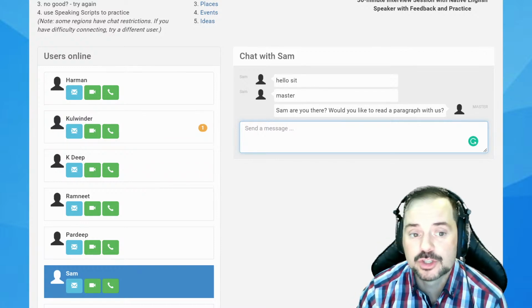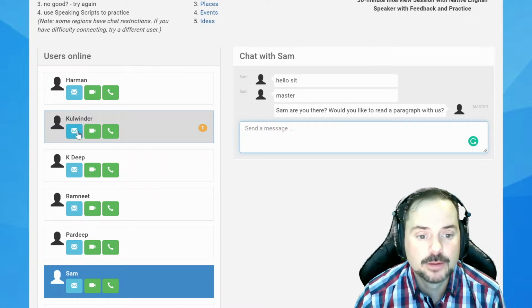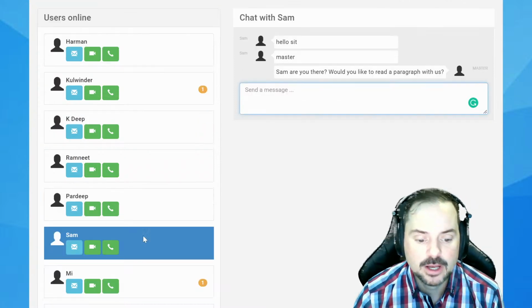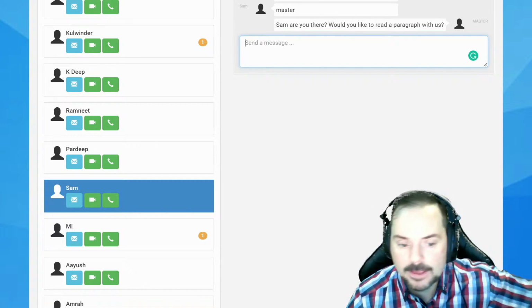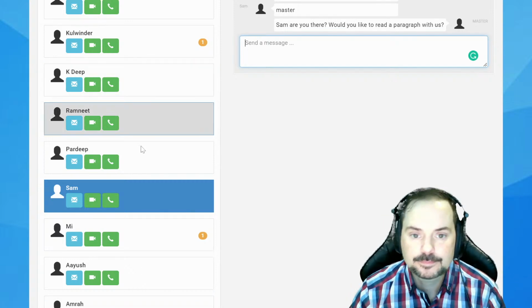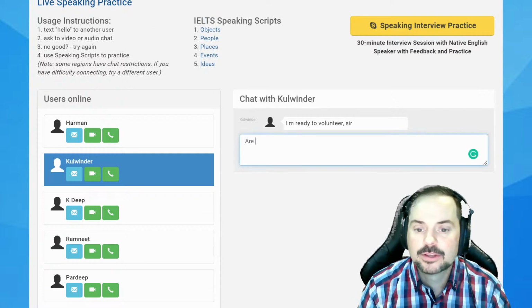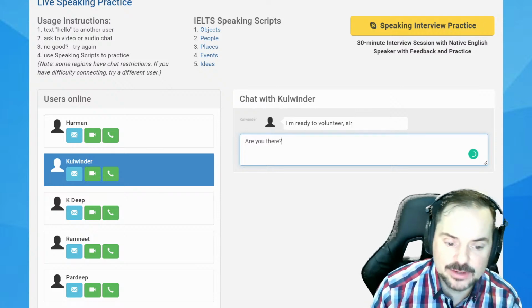Volunteers, people, volunteers. So we've got lots of people in here. We got Kulwinder, Harman, Deep, Orlando, Ayush, Amra. So we need volunteers to read. Okay, Kulwinder, are you there? Now I see people volunteering.